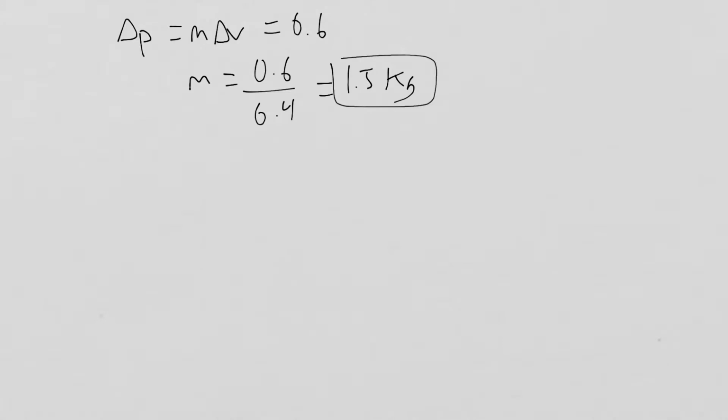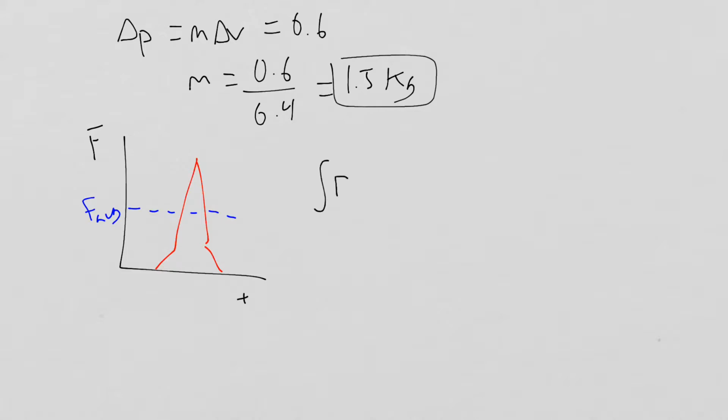But you could also do it backwards in some sense. Remember, we also talked about if we have a force versus time graph that looks something like that, there's an average force that sort of describes the same motion, right? The integral of F dt is the same as saying F average times delta t, right?